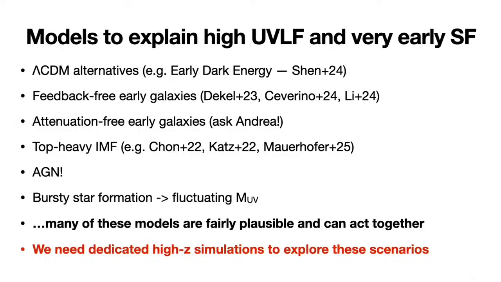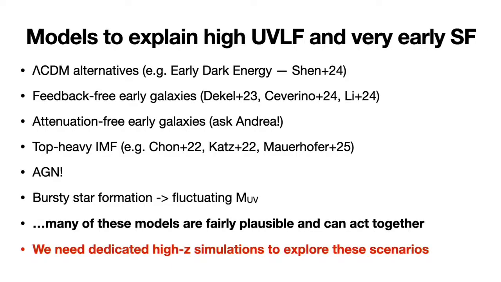There have been many models to individually explain these things. There have been many alternatives to lambda CDM, which are still ongoing. There is the feedback-free model by Avishai Dekel, where the gas is just so dense and pressurized at these high redshifts that feedback just becomes puny and has no effect.